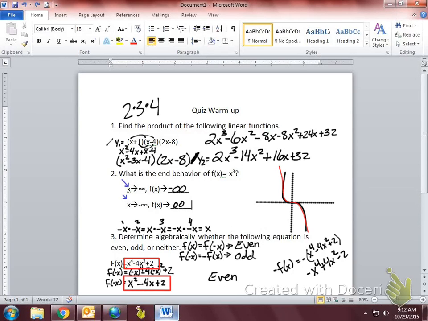Yes? For checking for odd, how do you tell that it's odd? Once you did this f of negative x, let's say that those two weren't the same, okay? Then I would have to do this, and if this equation was the same as f of negative x, then it's odd.